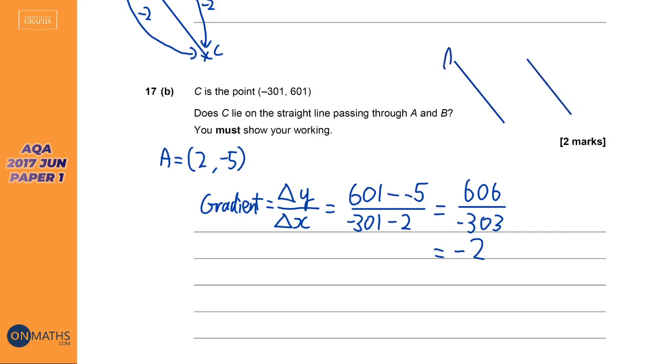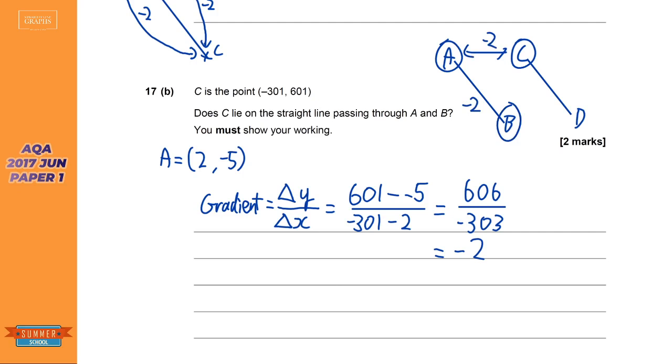So A and B have a gradient of minus 2, and then C and D have a gradient of minus 2, but there's no proof there. But if I show that the gradient between A and C is minus 2, which I have, and the gradient between A and B is minus 2, then C and B must both be on the same line.